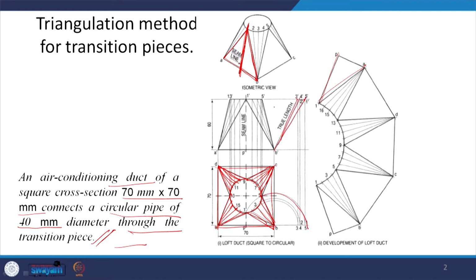Or you could also project and make a face parallel on an auxiliary plane parallel to this face to get the actual shape of the triangle. If I project it here, I can get the actual shape of this triangle. Either way, whether you arrive at the true length by taking the radial length and projecting it along the same height, or by taking it on an auxiliary plane, either way is a correct method.